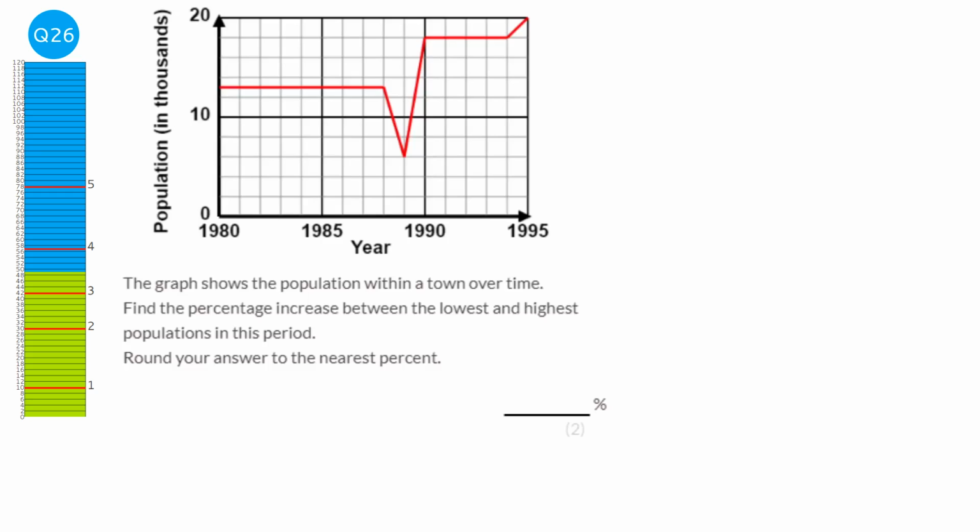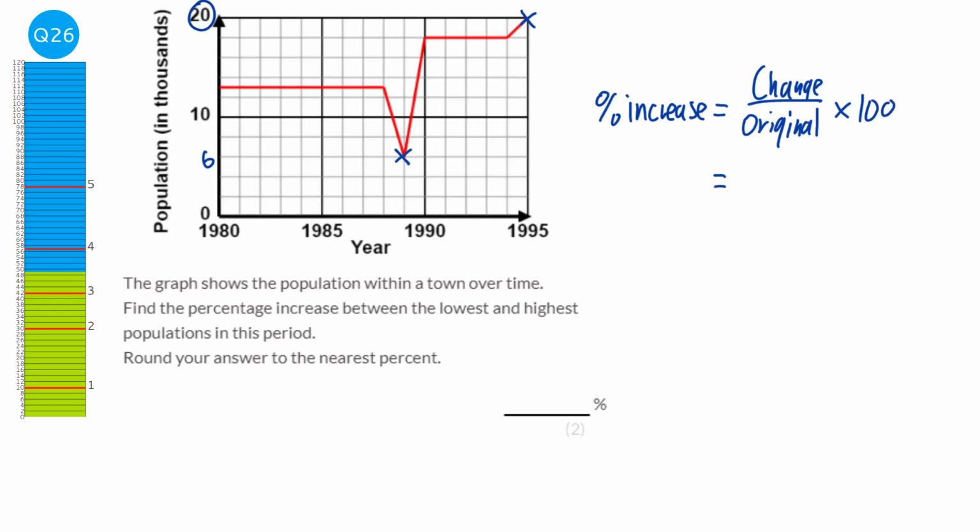The lowest point on this graph is here, and that's at 0.6, and the highest point is here at 0.20. And we're looking for percentage change or percentage increase, and the formula is change over original times 100. So the change between the 6 and the 20 is 14.